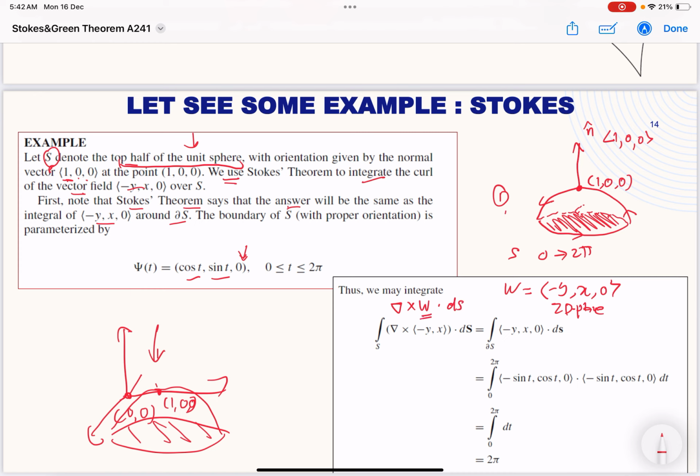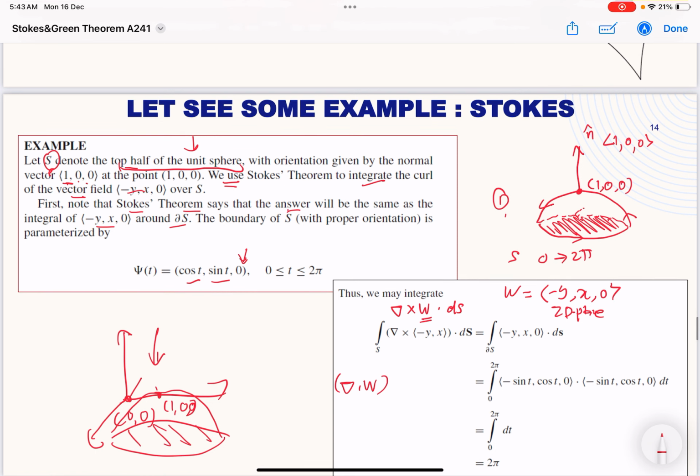I mean, we need to find the cross product of the vector field W, negative y, x, and the parameterization psi, so you have d psi over dt. Okay, so now the integration part.